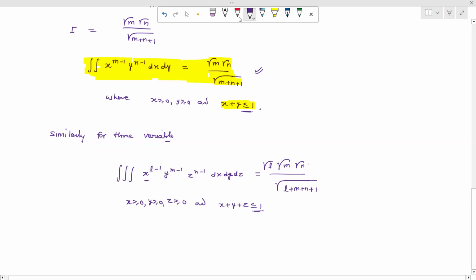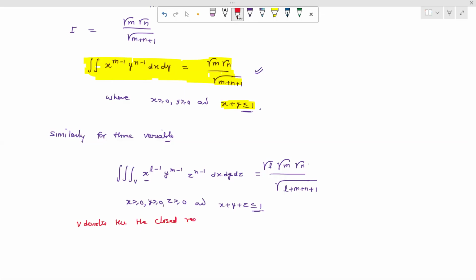So basically we can say that V is the volume. So V denotes the closed region bounded by the coordinate planes.